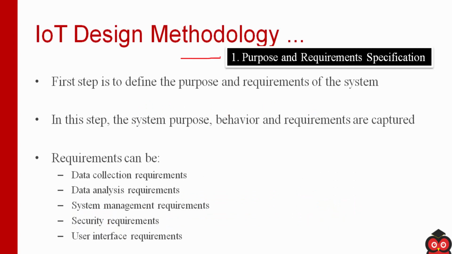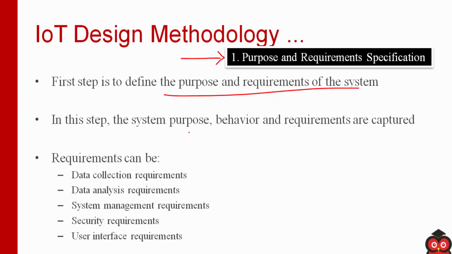So the first step is purpose and requirements specification. From where do we get these things? The client will come to us. Assume that you are a software company. One day a client comes to you and gives the problem: I have a house and in the house I want to automate the lighting system.